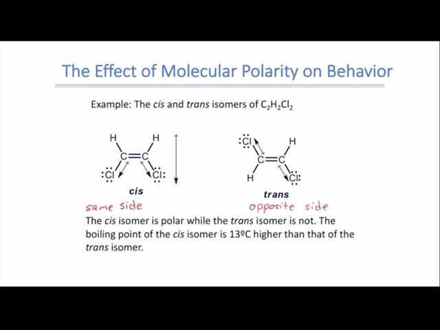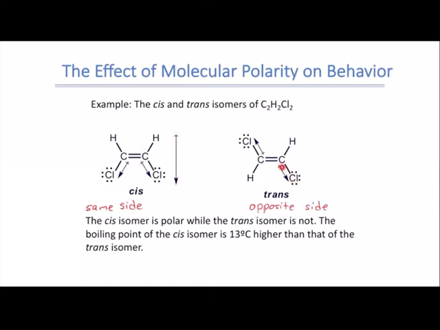So the chlorines we can think are transverse. And so what happens is if we have the chlorines on the same side, like our first structure, the carbon-chlorine bond has a dipole that points down towards the chlorines. So overall, our dipole points downward.